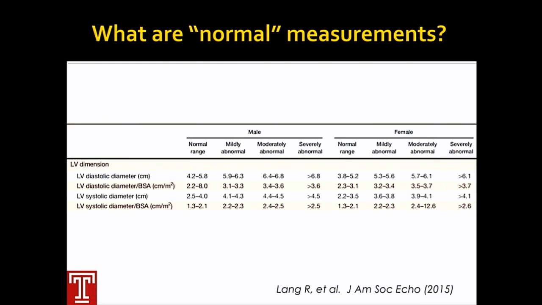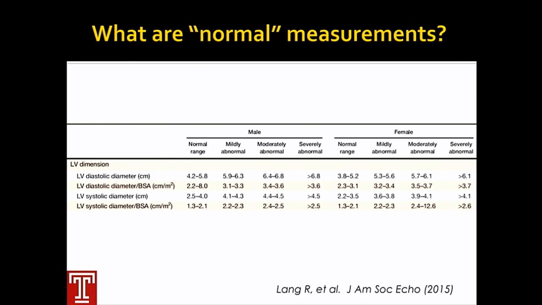These are gender specific norms in terms of cavity size. I would just focus, personally, on what is the range of normal, so that you know what's abnormal. Because there's no way that I would be able to memorize all of these, including the indexed diameters.